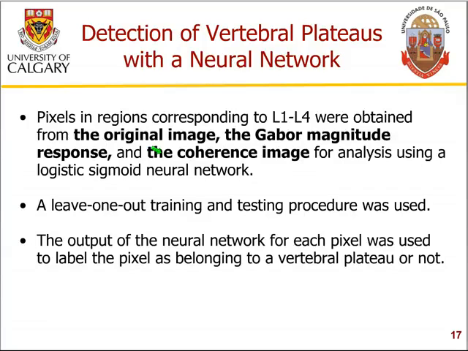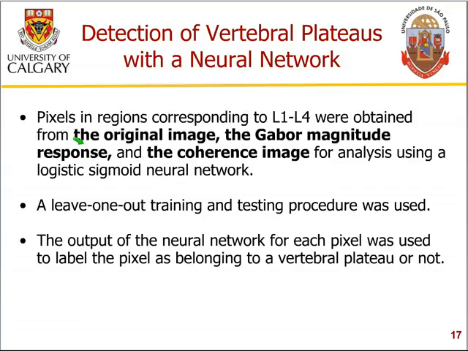To detect the vertebral plateaus in the work being done by Eduardo, the pixels in the regions corresponding to L1 through L4, determined using the input I described just now, were obtained from the original image, the Gabor magnitude response, and the orientation strength, which has also been called coherence in this work.